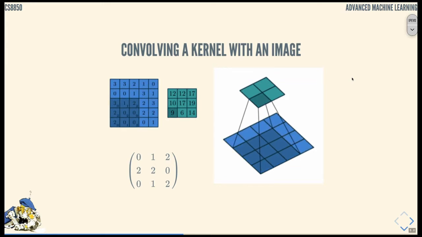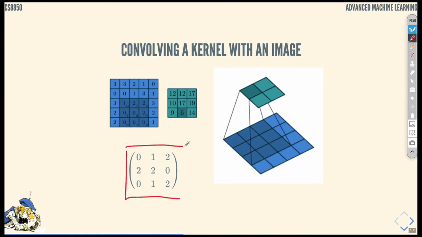So we have a kernel right here, and I think I have a new tool I can use. This is the convolutional kernel, and this video shows you how this kernel is slid across the input.